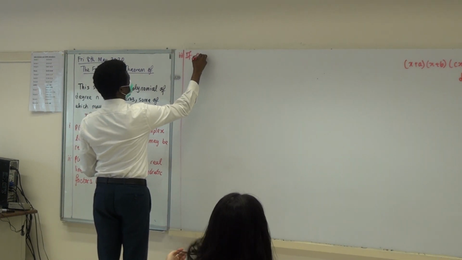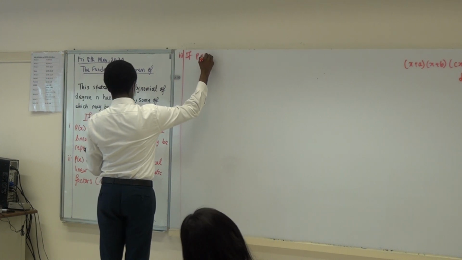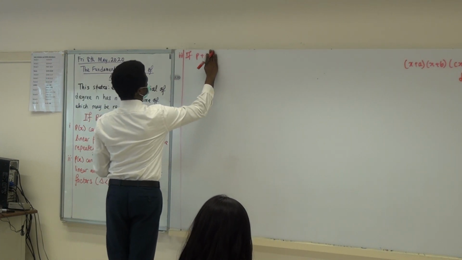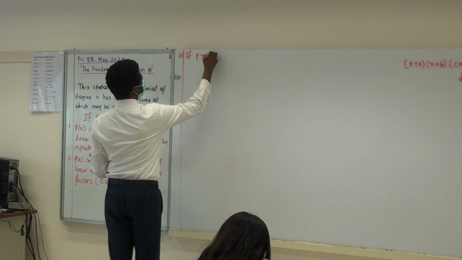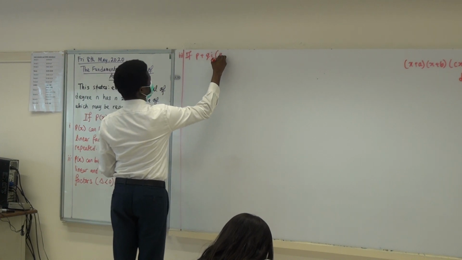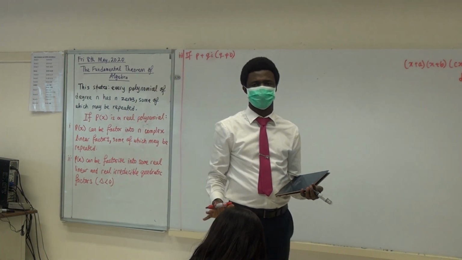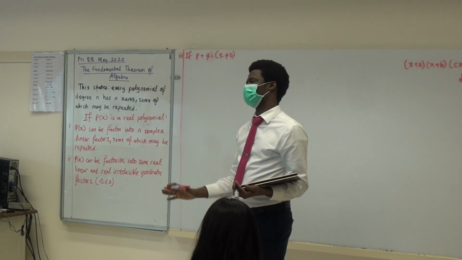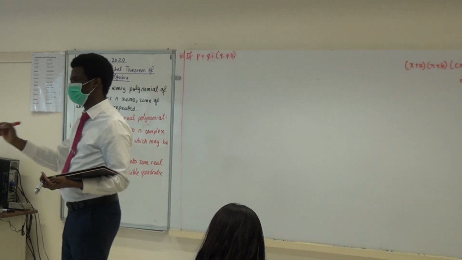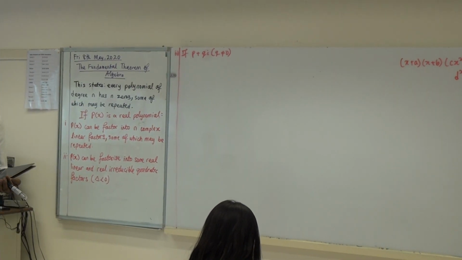If P plus iQ, or maybe we'll call it Qi, doesn't matter. This time around, Q is non-zero, which means if we have a complex number, if a complex number happens to be one of the zeros, the conjugate is also a zero of the polynomial.